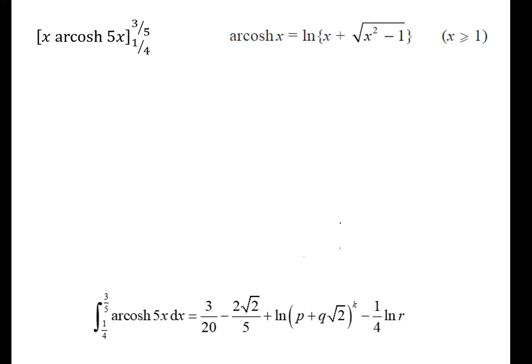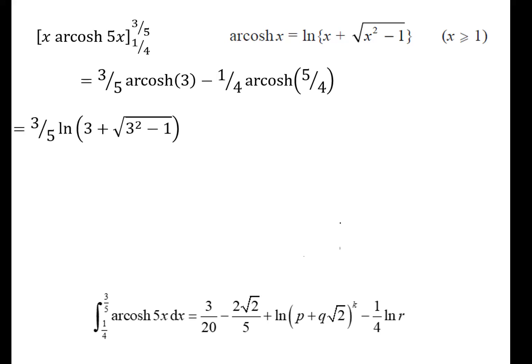Because when we do arcosh, it's the ln of x plus the square root of x squared minus 1. So when we stick 3/5 in, we get 3/5 arcosh 3. And when we put a quarter in, we get a quarter arcosh 5 quarters. Putting the 3 into our arcosh ln formula: 3 plus the square root of 3 squared minus 1.